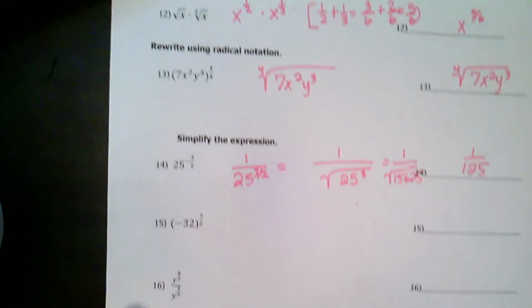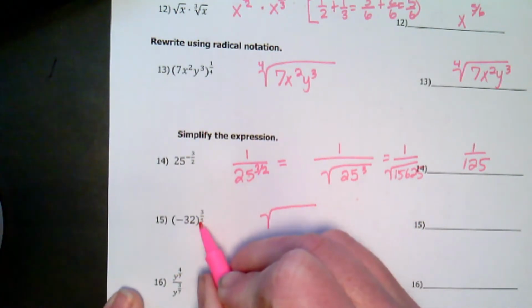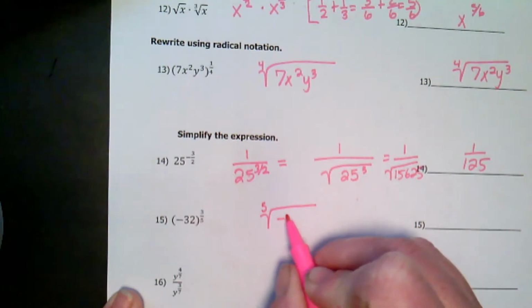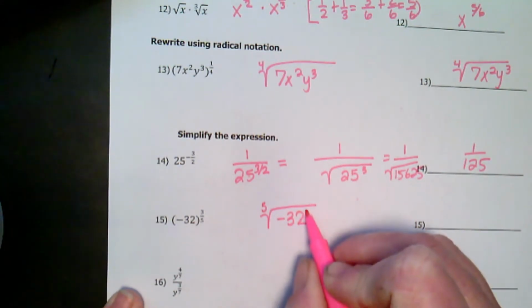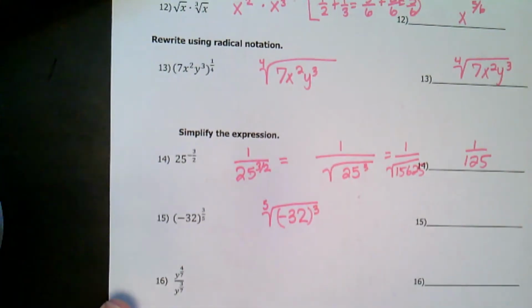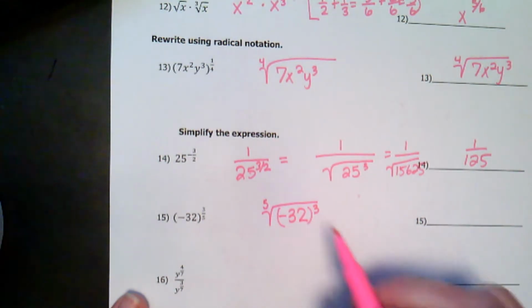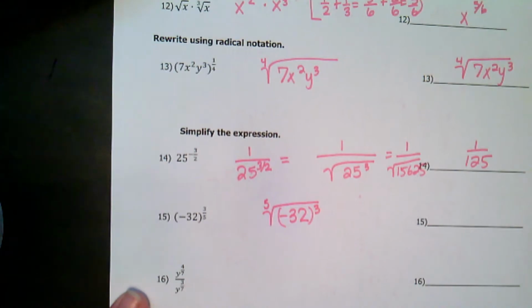Alright, number 15. So the bottom number goes out here, and then this would be to the third power. So first thing we would do is do the negative 32 to the third power.